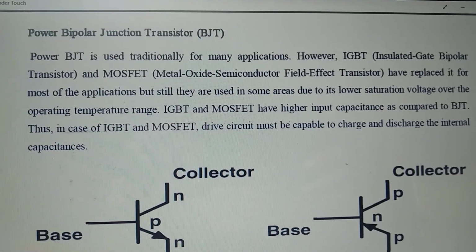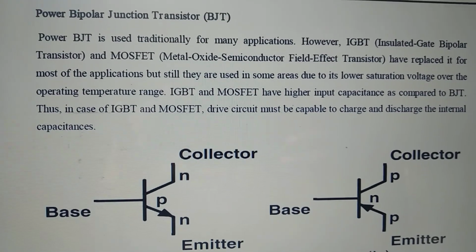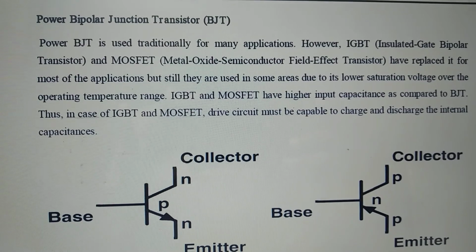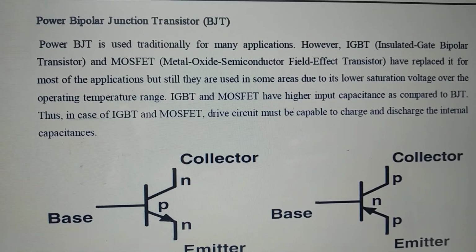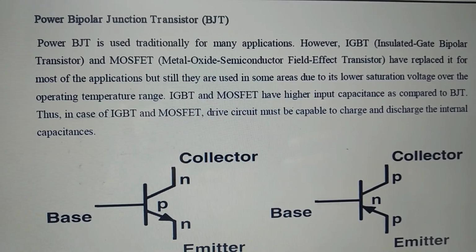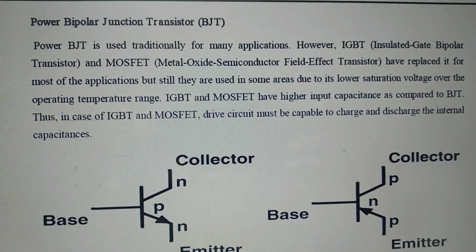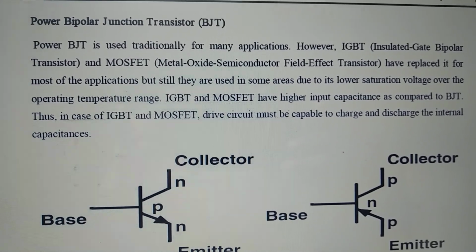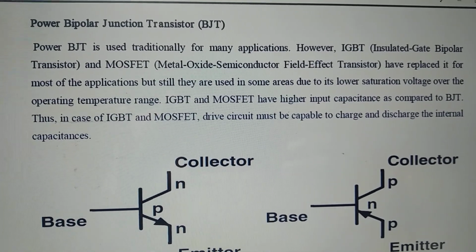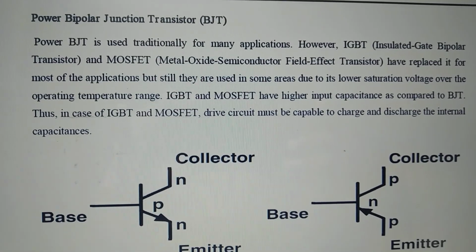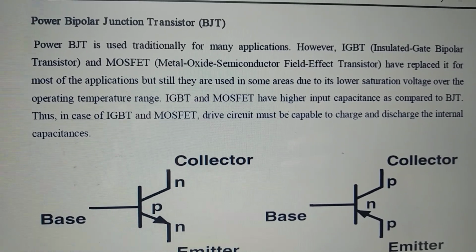Coming to basics of Power BJT, this Power BJT can handle large current and power compared to normal BJT. It offers high voltage resistance in off state than normal BJT.